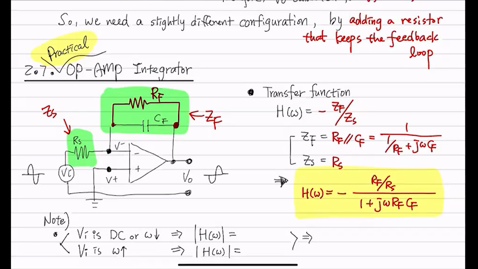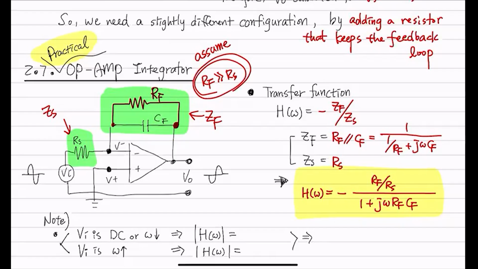And one assumption we make when we add this RF value here is this RF is much greater than RS. That's an assumption we make when we create this feedback resistor to make a practical op-amp integrator.